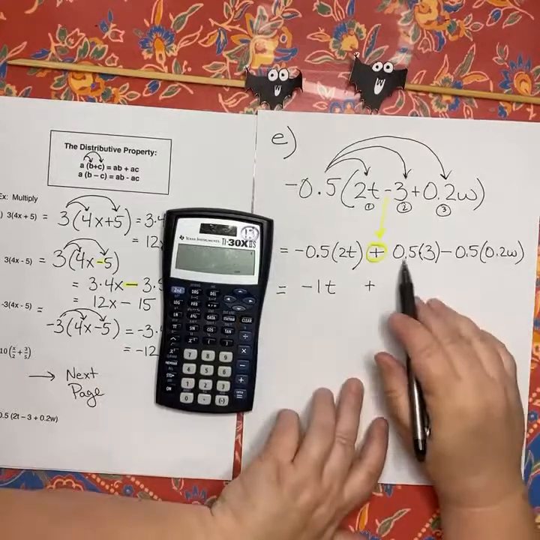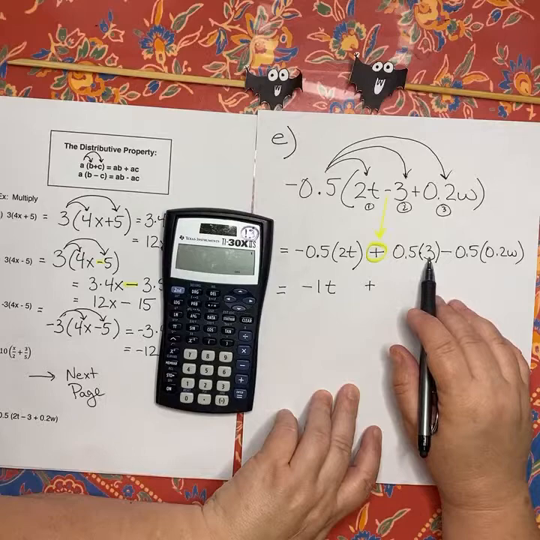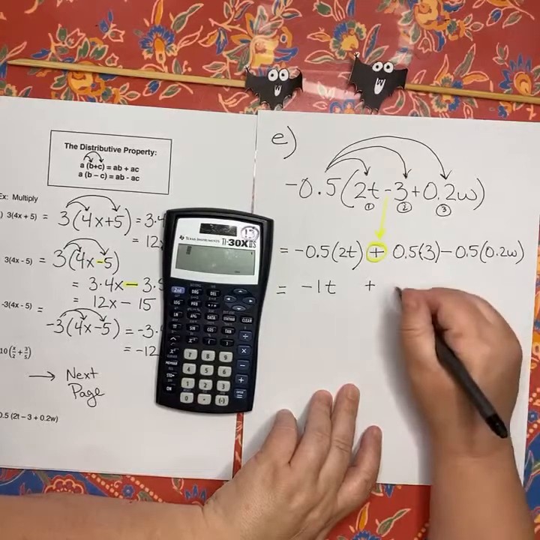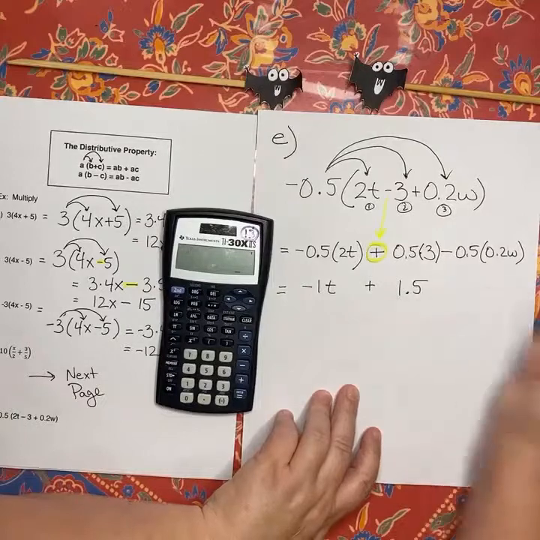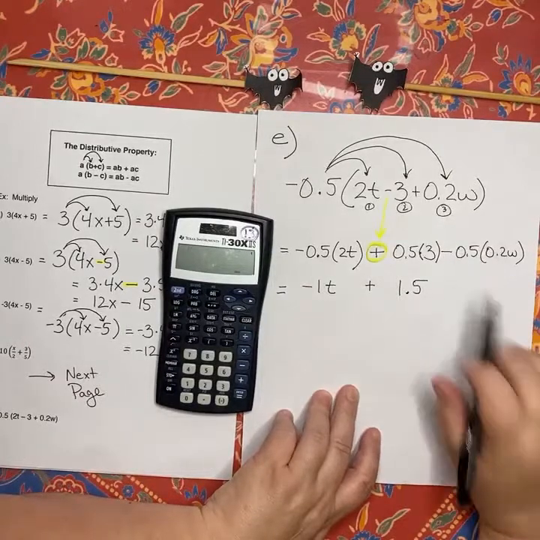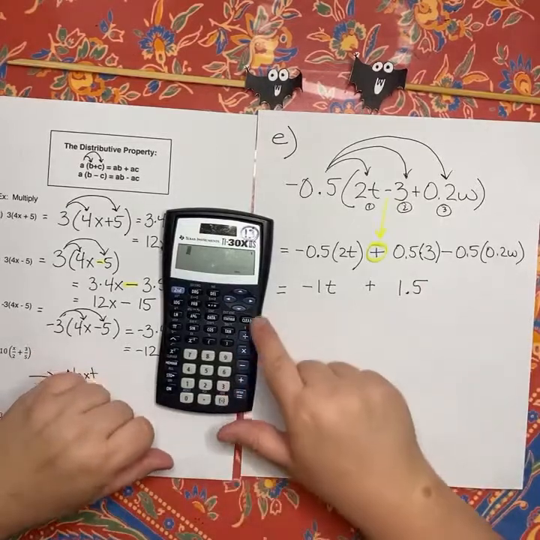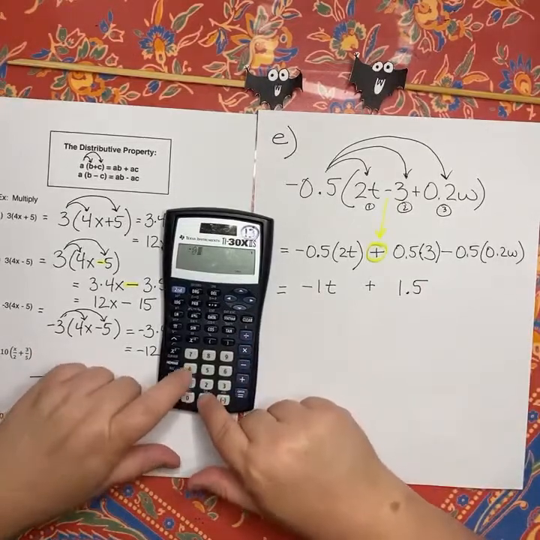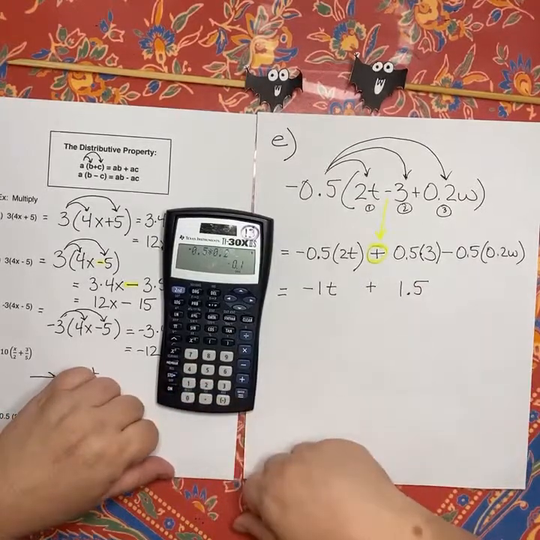Okay, 0.5 times 3. Do you guys know that? 5 times 3 is 15, so 0.5 times 3 is, you can always do it on the calculator. You got it, 1.5. And then here, now this one, I always have trouble with this one, so you're going to see me do this one. Negative 0.5 times 0.2, because what happens?